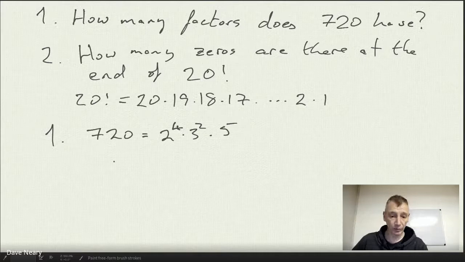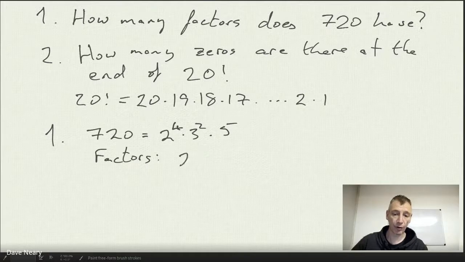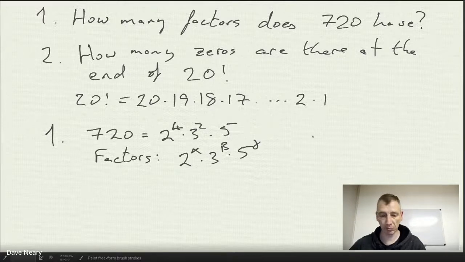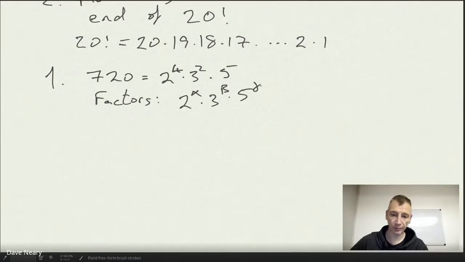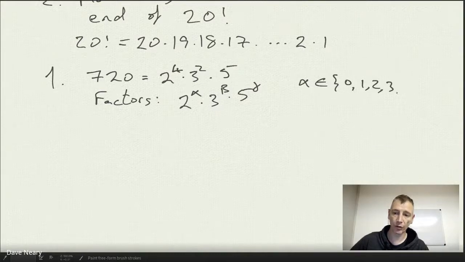So every factor is of the form 2 to the alpha times 3 to the beta times 5 to the gamma, just picking random letters, with alpha coming from 0, 1, 2, 3, or 4.